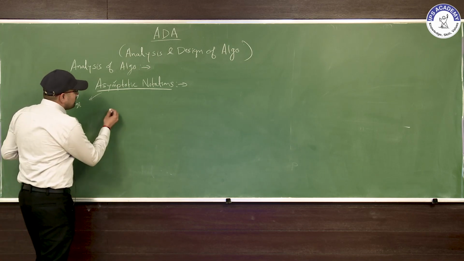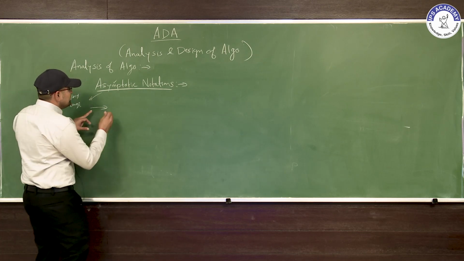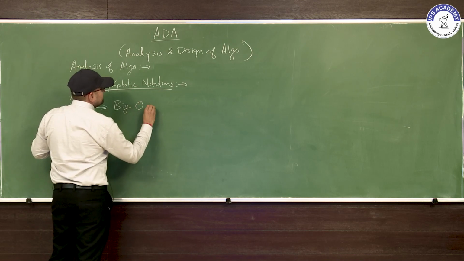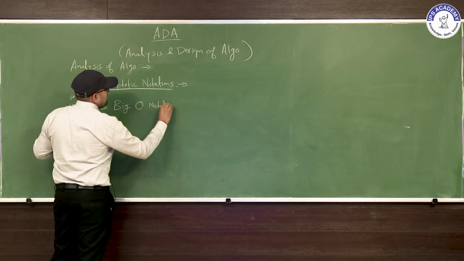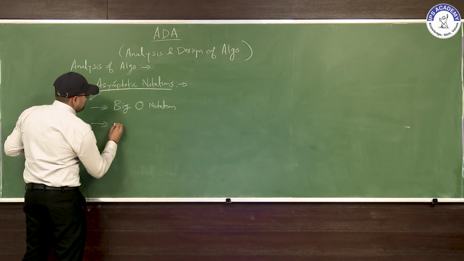Now, if we talk about asymptotic notations, then we are going to use three kinds of notations. Number one, big O notation. Number two, omega notation.